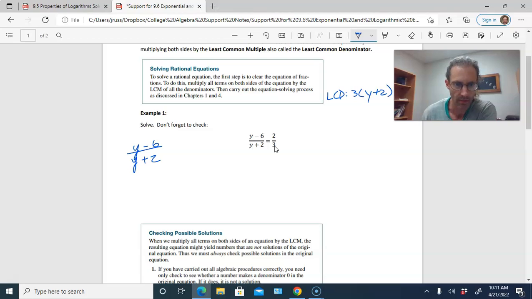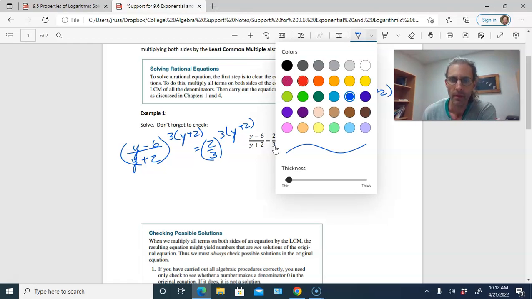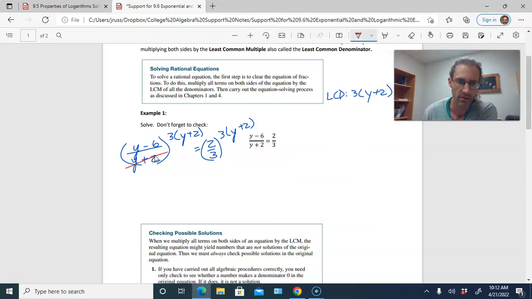So I like to keep each side in parentheses and multiply by the LCD. And then the right-hand side, 2/3, multiply it by the same thing. And so what we see happen right here on the left is this factor of y plus 2 is understood to be in the numerator, and this one's in the denominator, so those are going to divide out. So you can cross those out.